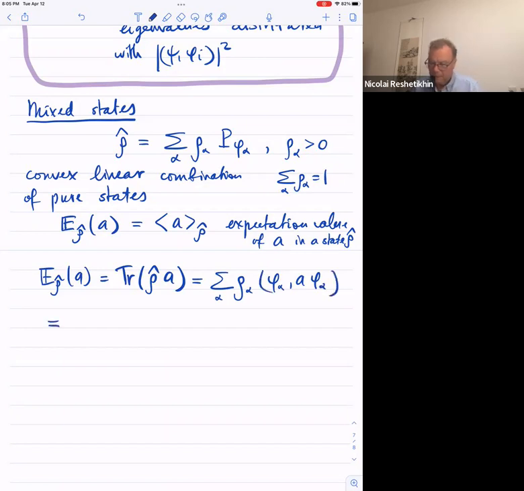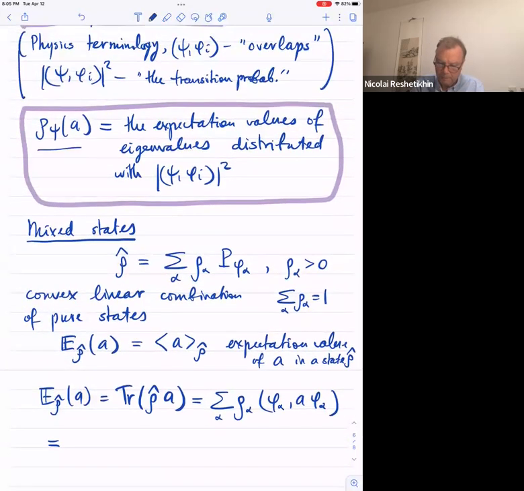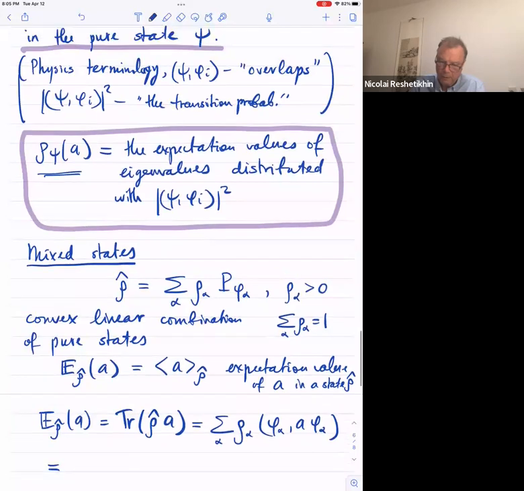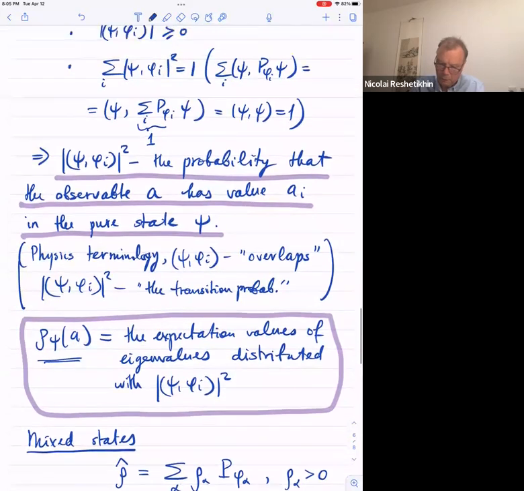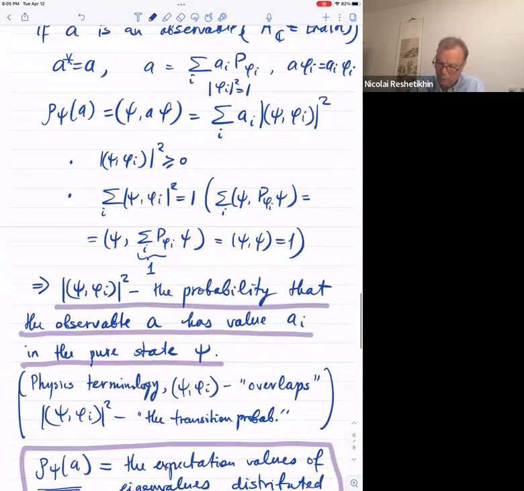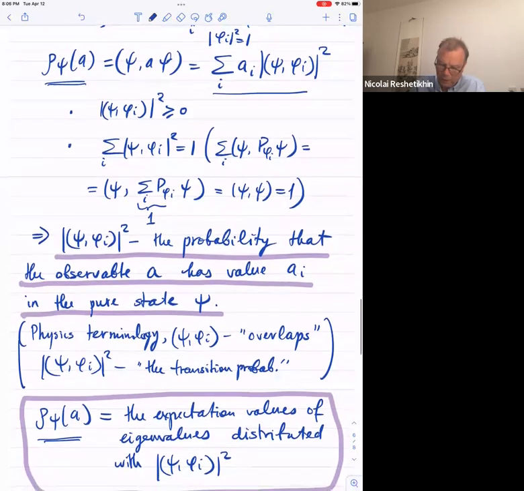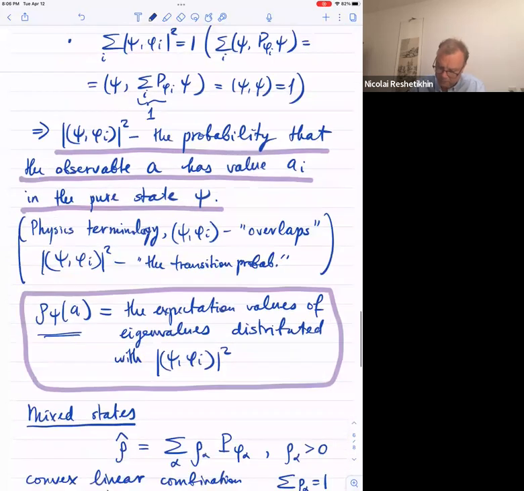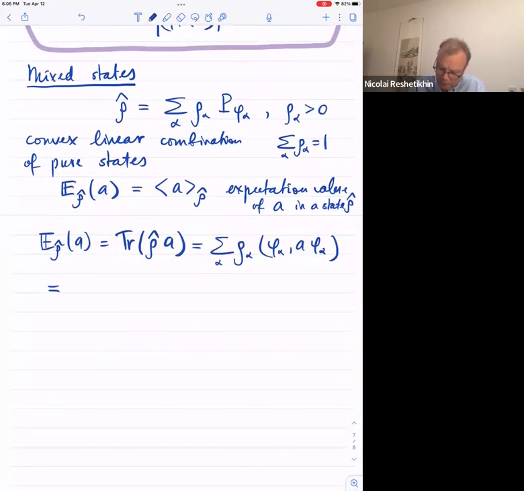So now I want to use this formula. Where is it? Yes, I want to use this formula for the value of A in a pure state. So this will be the sum over alpha, rho alpha, sum over I, AI, and here it will be phi alpha.